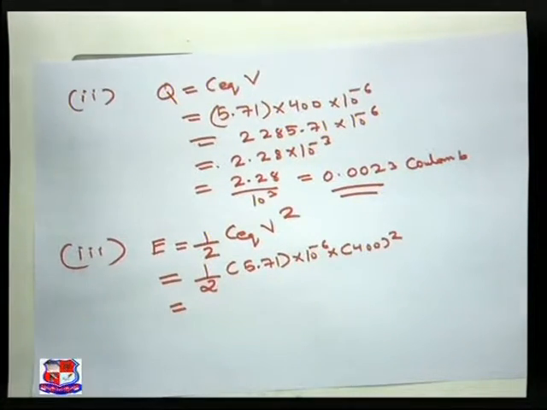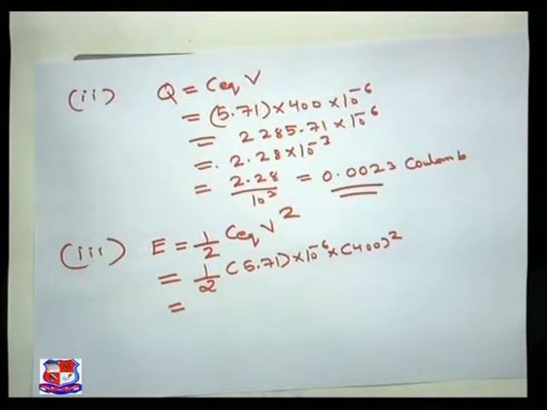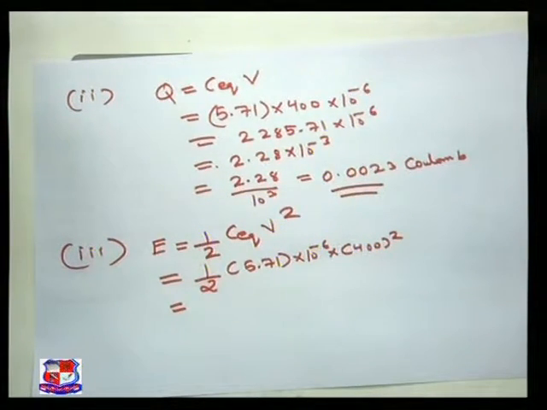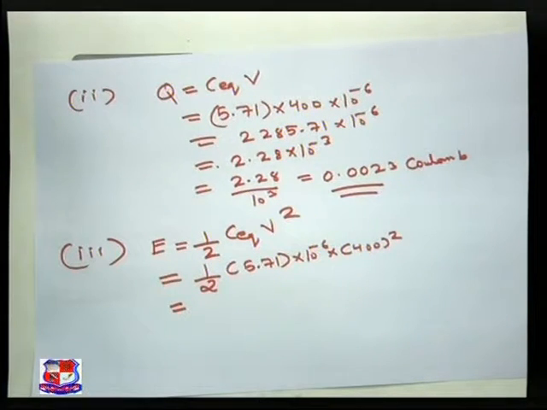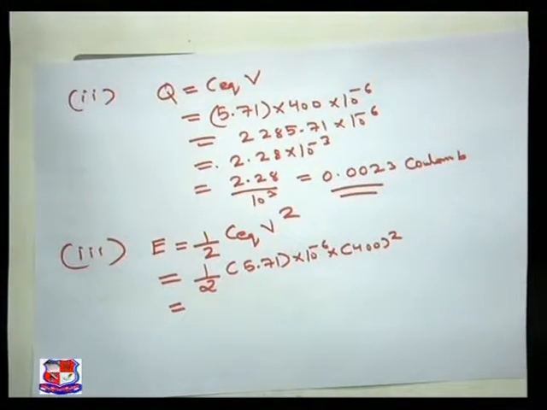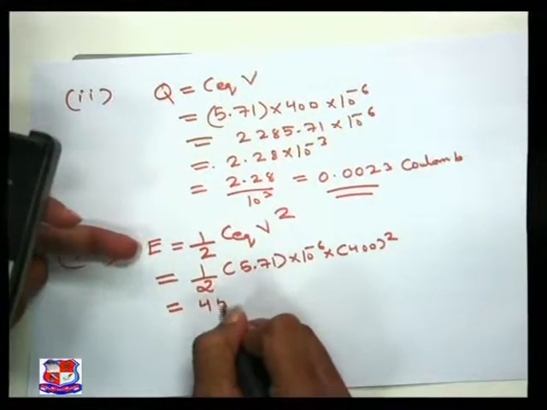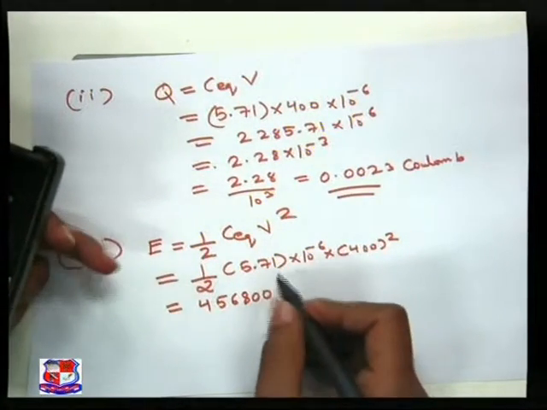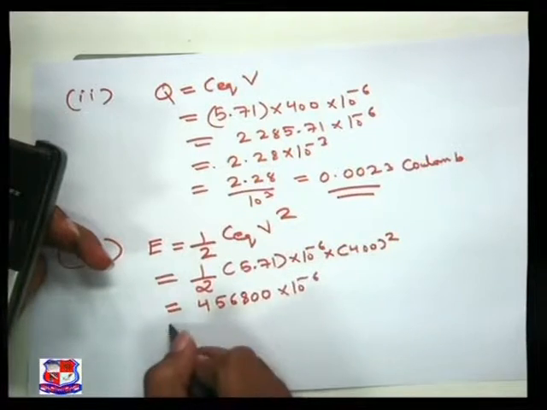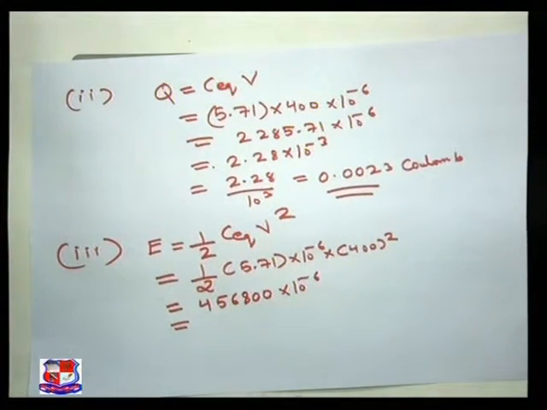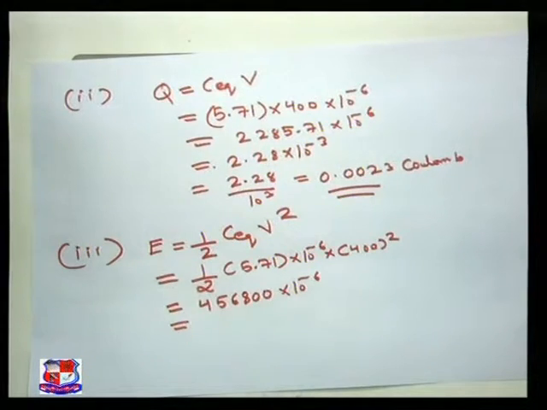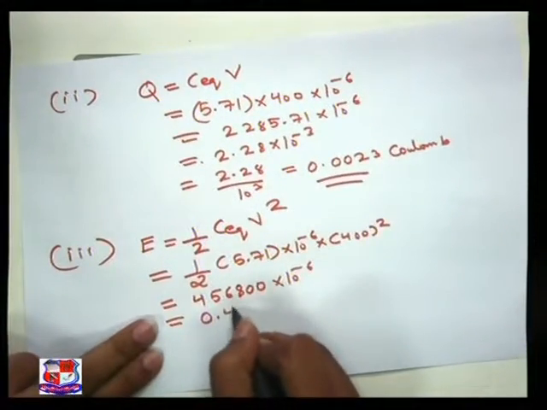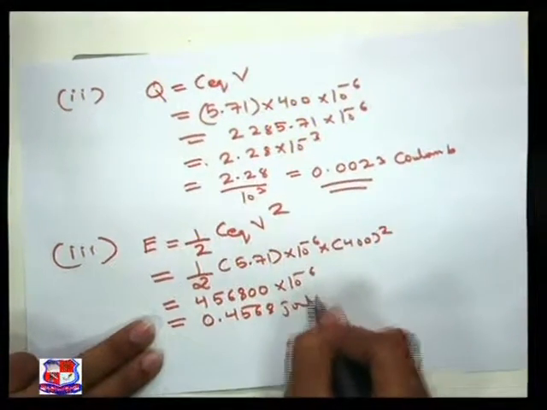If we calculate with the help of a calculator, we get 456,800 into 10 raised to minus 6, or divided by 10 raised to 6, it will be 0.4568 joule. The unit of energy is joule.